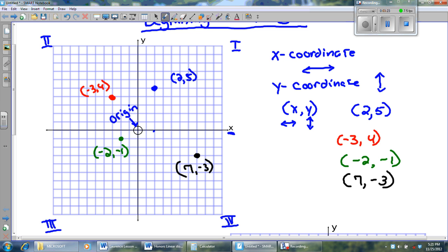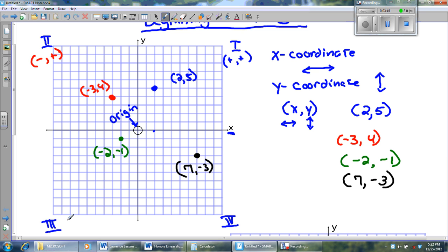Now, one thing I want to point out about it, when you're in the first quadrant, notice I got 2, 5. Your point is positive and positive. Both coordinates are positive. When you're in the second quadrant, your coordinates are a negative and then a positive. I'm not going to make you memorize that, but it's something you should be paying attention to as you do your problems.